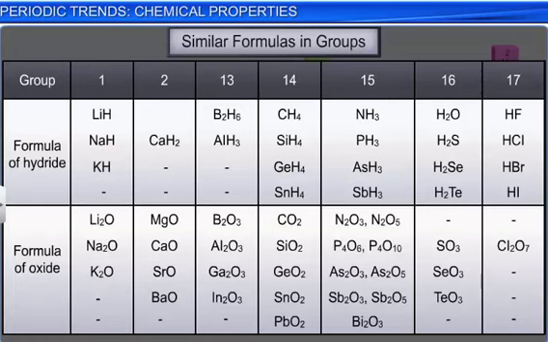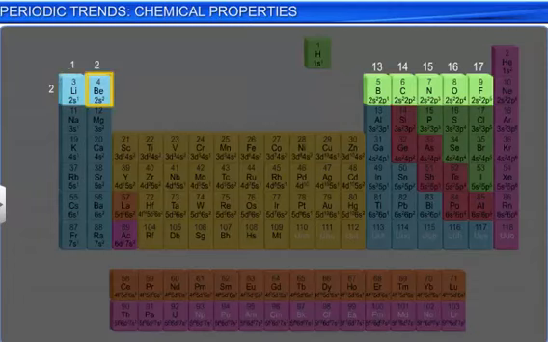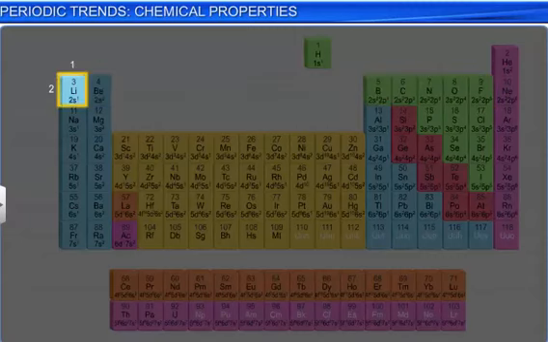However, the elements in the second period do not share many periodic trends with their other group members. These elements include lithium in group 1, beryllium in group 2, and boron to fluorine in groups 13 to 17. Lithium in group 1 forms covalent compounds unlike other alkali metals that primarily form ionic compounds.